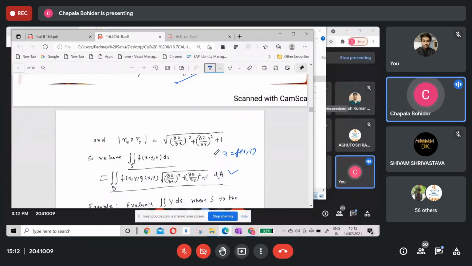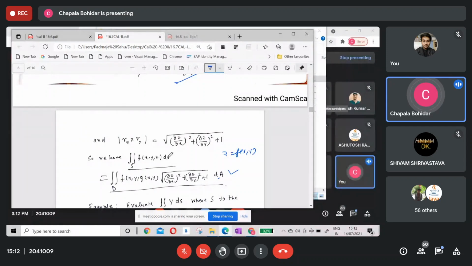Now we can write down the double integration over the surface of function of x, y, z dS. Earlier we were writing, when it was a function of one variable t, over the domain D, function of r(t) times the absolute value of r dash t dt.